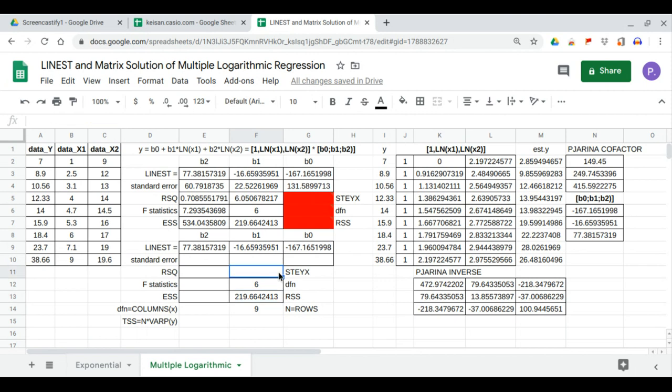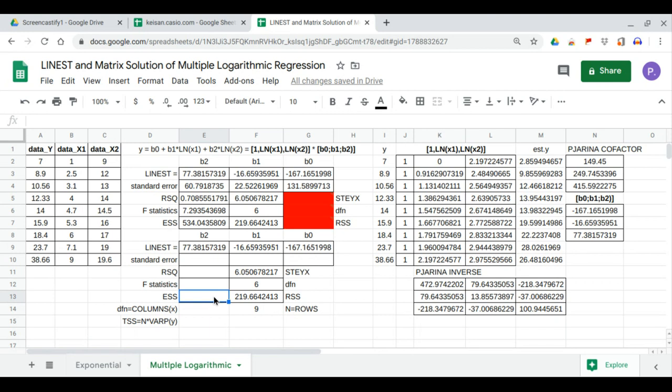Now I can calculate the standard error of y, s_y.x, which is equal to the square root of RSS divided by degrees of freedom. 6.0506 matches our LINEST output.